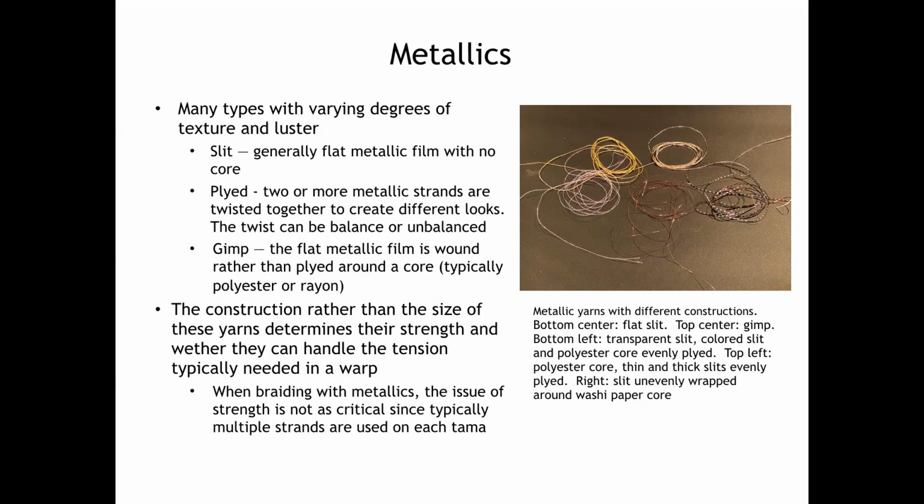And it's done in a way to expose some of the washi paper. Okay, so it's done on purpose to show some of the core through the yarn. And these types of yarns, wound around the core, are called GIMP yarns.